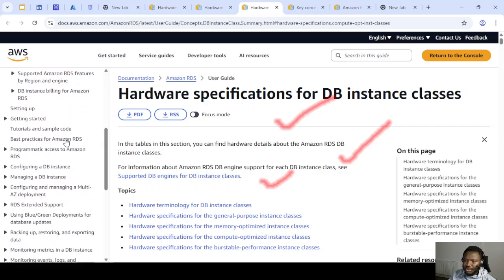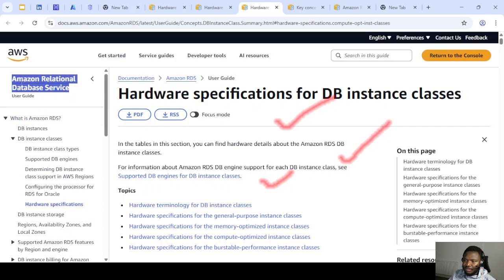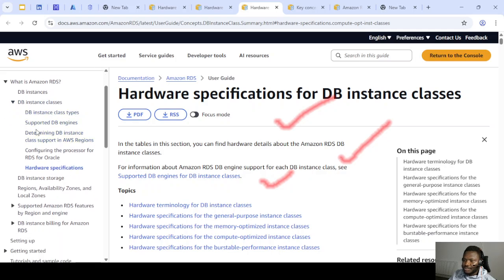All documentation about RDS is under Amazon Relational Database Service, and each service will always start with what is Amazon RDS. If it's EC2, you see what is Amazon EC2. I expanded DB instances, I saw the instance classes, then I went to hardware specifications. So I click on hardware specifications of instance classes, then I got this.